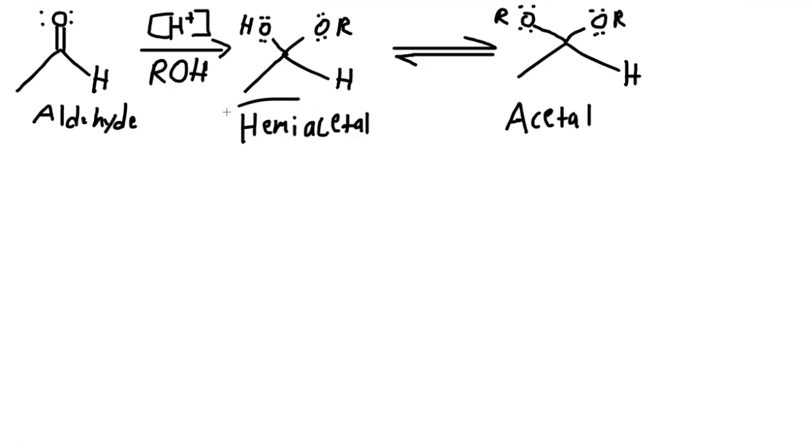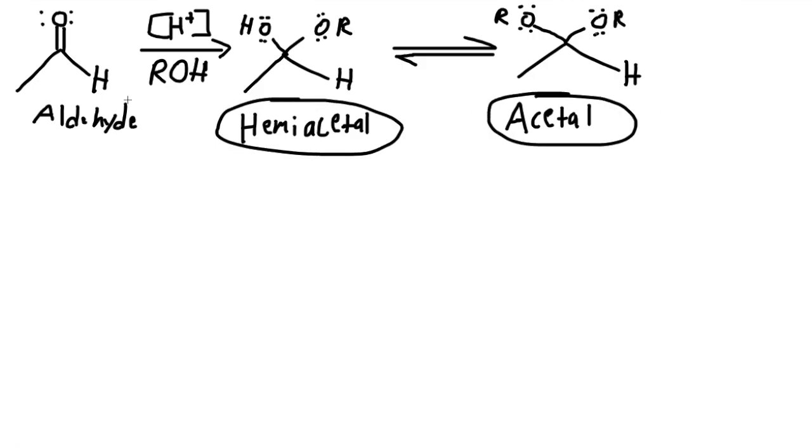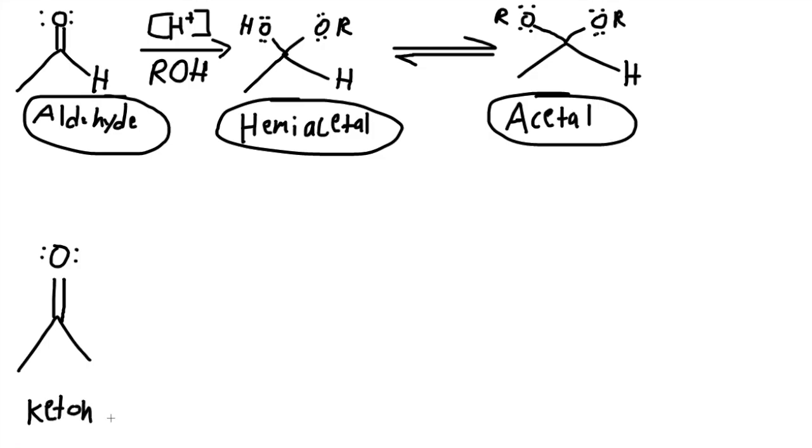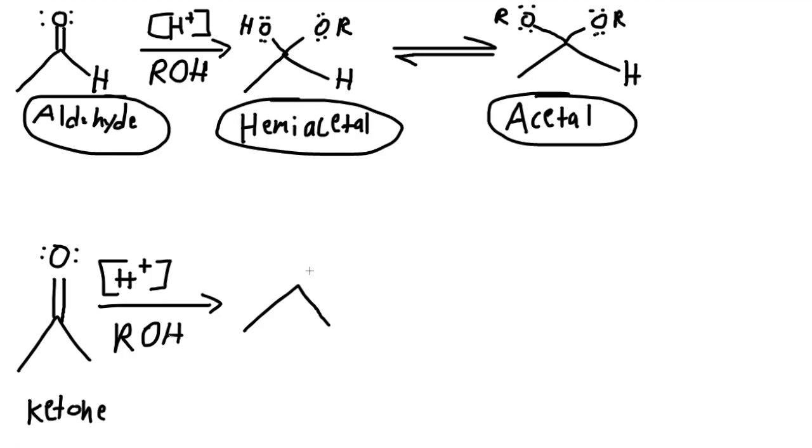Now let's see another example. I'm going to draw another structure, and this structure is a ketone. If the ketone goes through the same process, we would get the same structure, except without the hydrogen, but we get OR and OH.